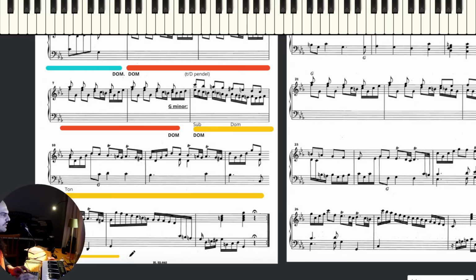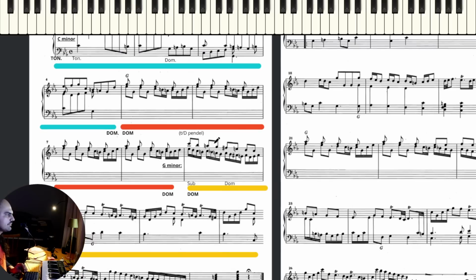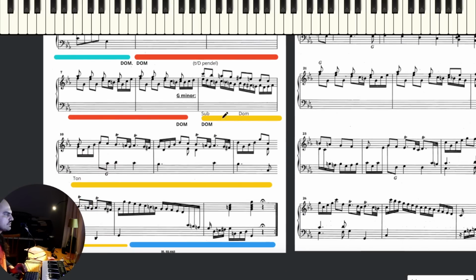Now we could do way more complex with the colors, but the dominant of the new key I find very important. So let's do a different color for the dominant of the new key.